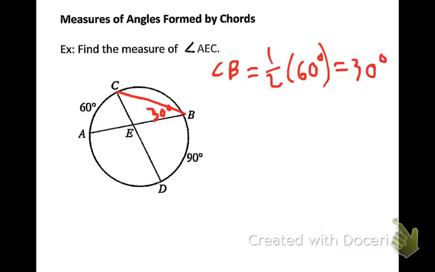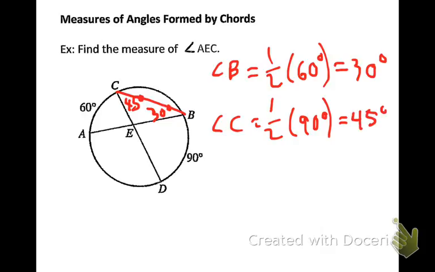Angle C is 1/2 of 90, right? It's 45. So angle C equals 1/2 of 90, which is equal to 45 degrees, right?